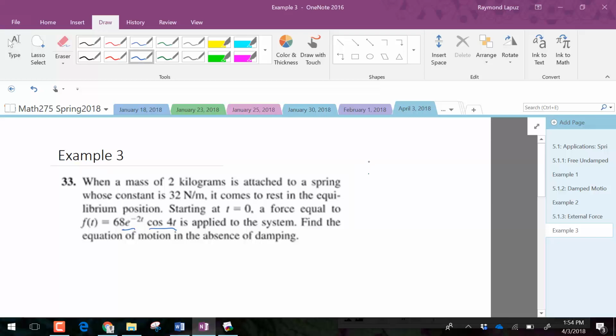All right, so your differential equation: the mass is equal to 2, and your spring constant is equal to 32, so that's going to be 2x double prime plus 32x equal to your external force.